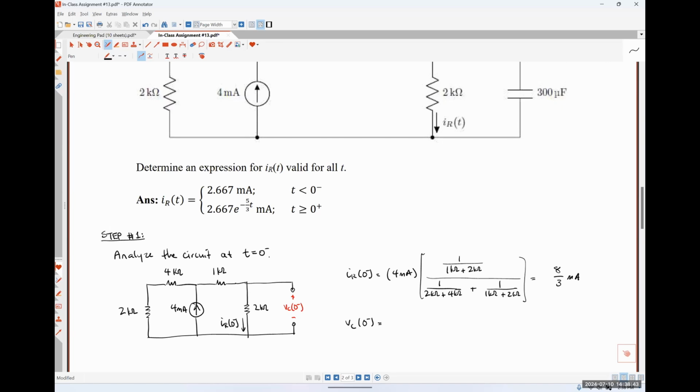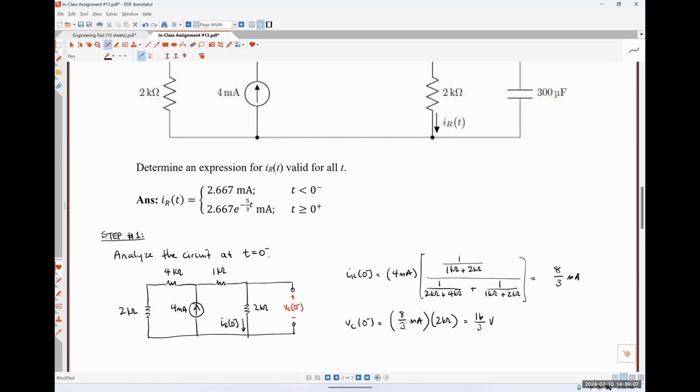Exactly right. So what do I need to do, Austin? It would be your IR times the 2 kilo ohm resistor. Yep. So that's just going to be 8/3 of a milliamp times 2 kilo ohms, which gives me 16/3 of a volt.